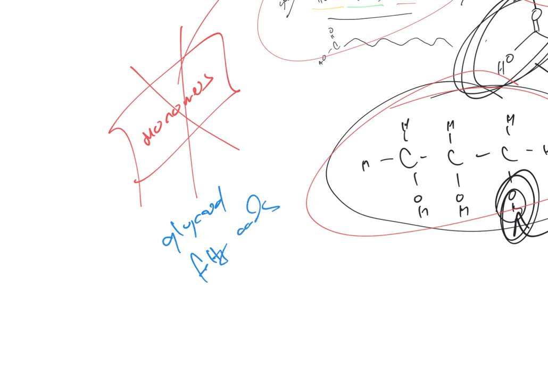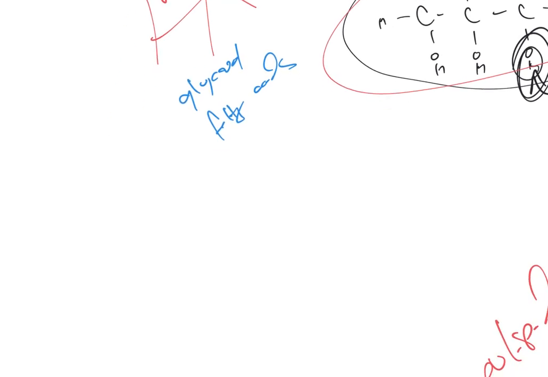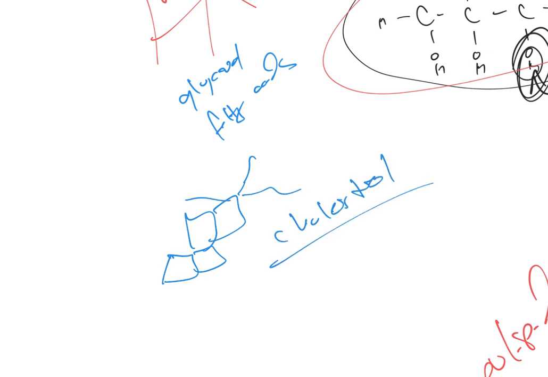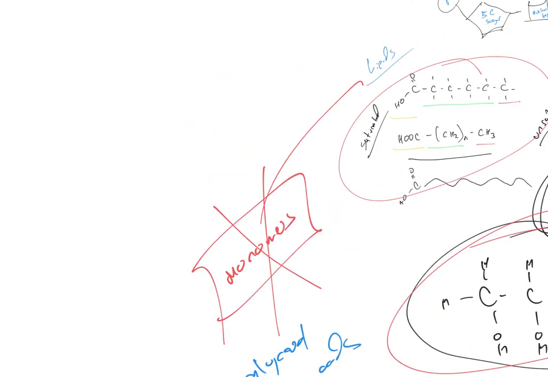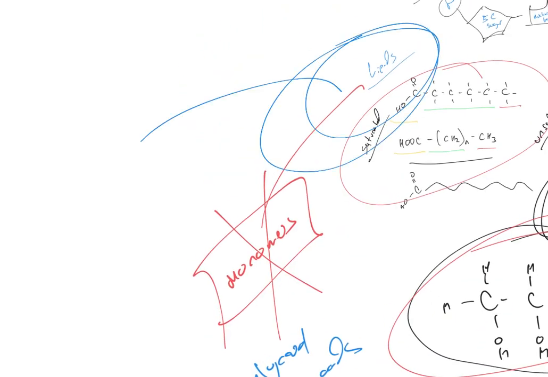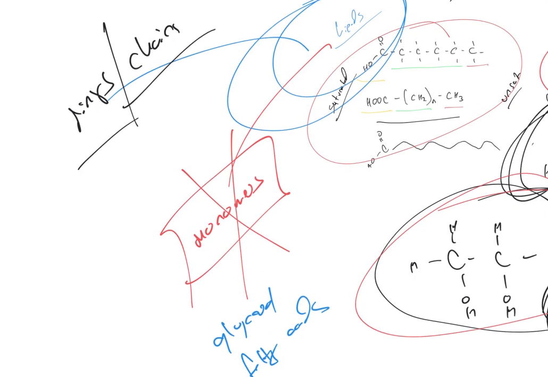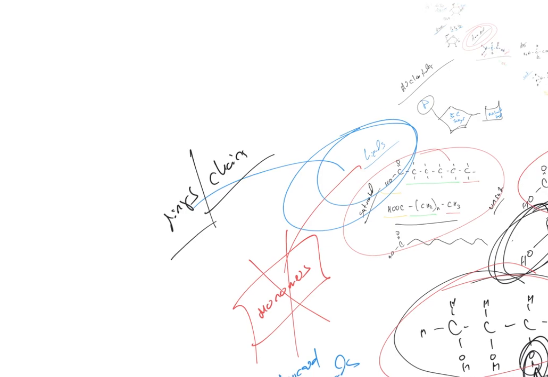And you also have examples like cholesterol, which is a ring. So cholesterol is like 4 different rings with some chains. And that is cholesterol. Cholesterol is also a lipid. So a lipid can be rings or chains. Okay? And I'm going to stop right there.